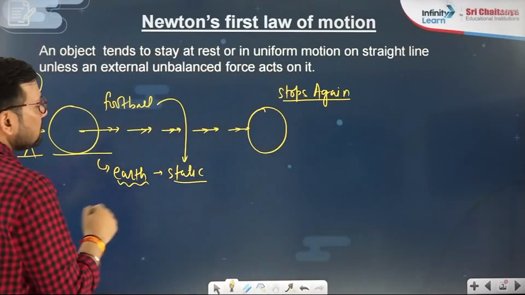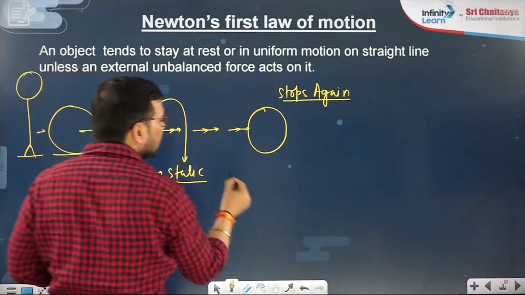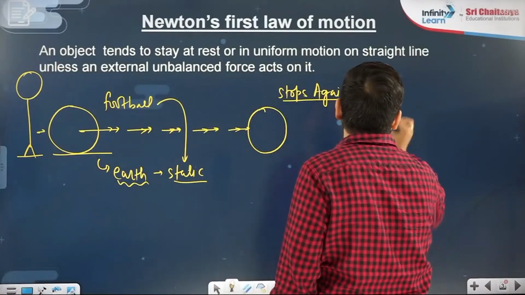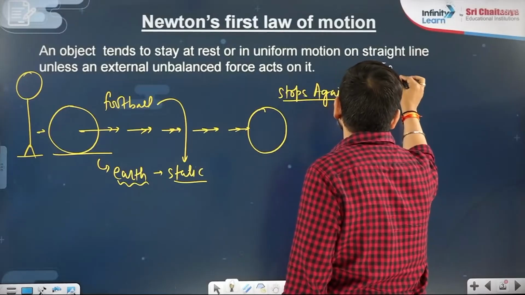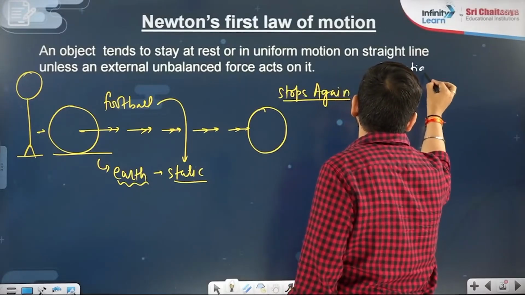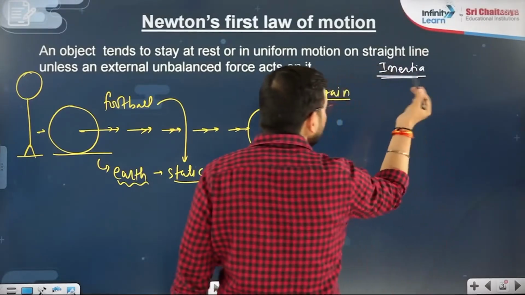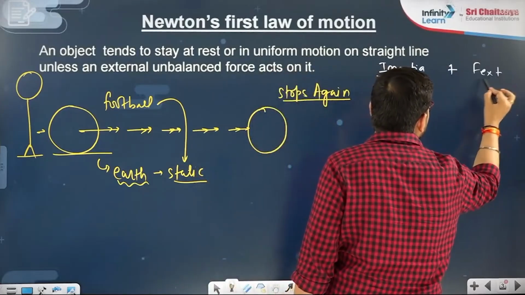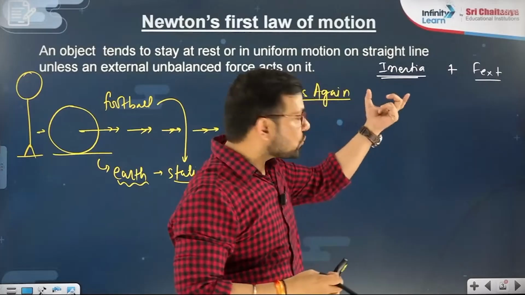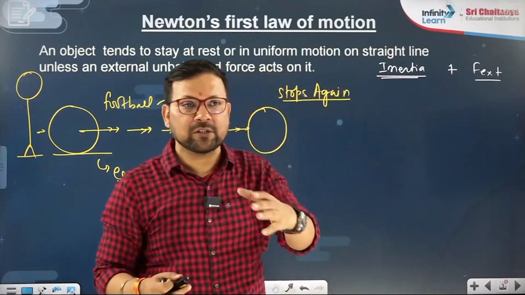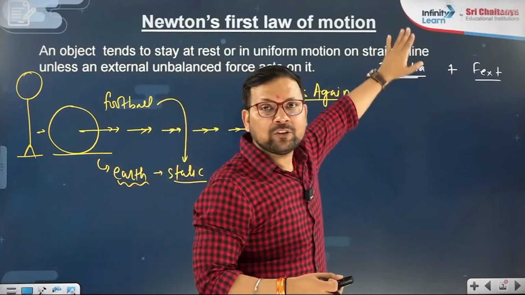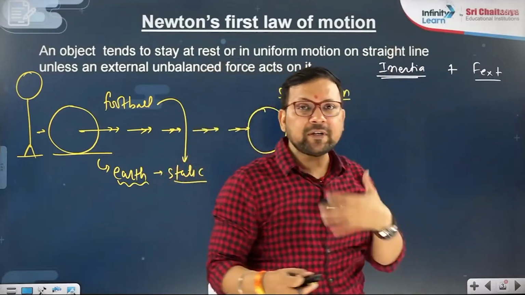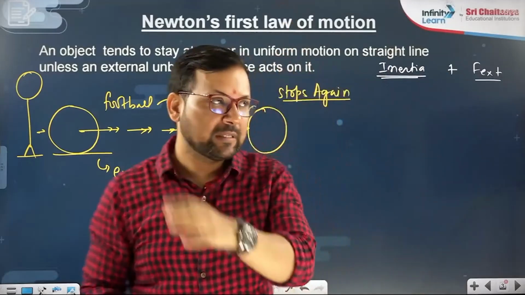To understand it this way: first we have to understand inertia and what it does, and then external force and what it does. You have to understand these two combined to understand Newton's first law. Inertia is all described by Galileo, and what external force does to it was Newton's inclusion.